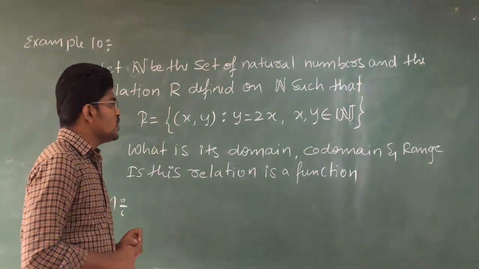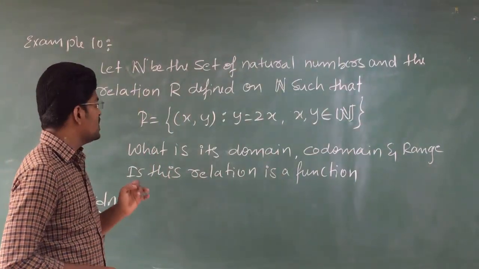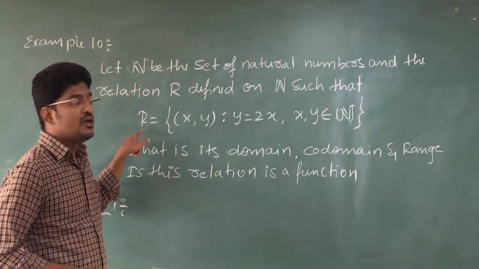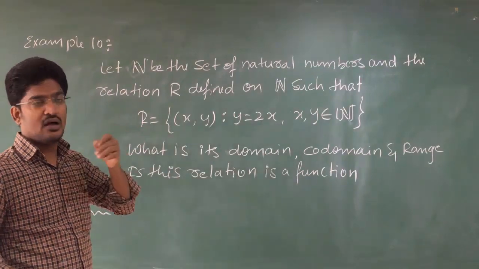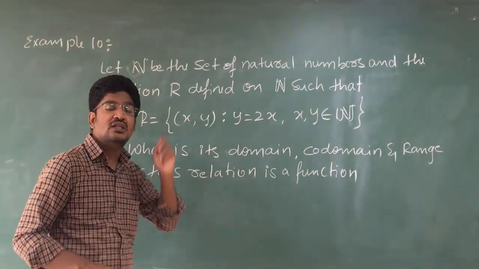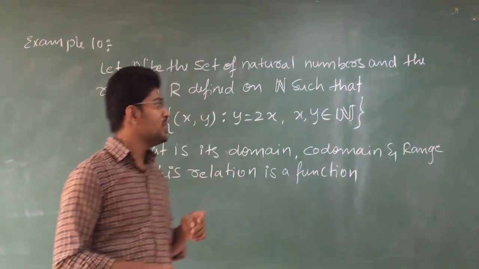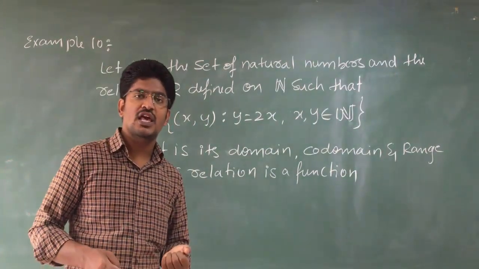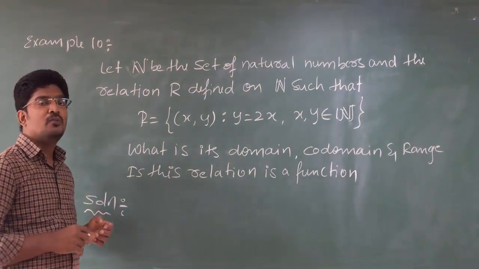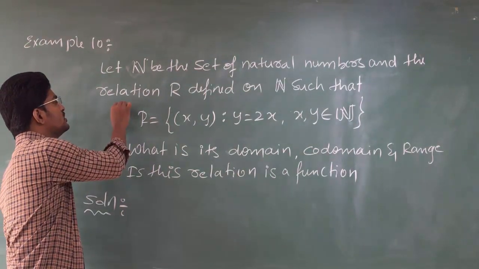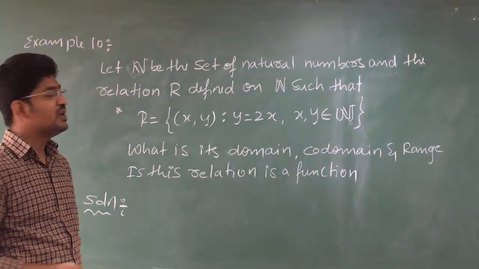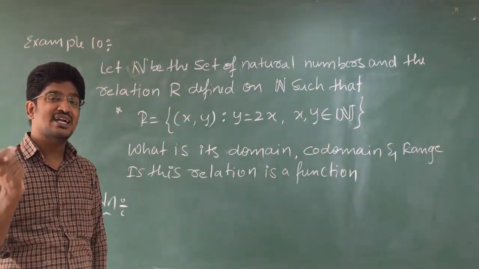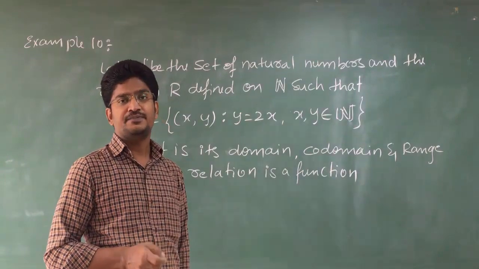Okay. So as you all know, here the very important thing is this set R. If we crack this R, or if we decode this R, or if we understand this R, then everything is over. Clear? So in this particular problem, we have to decode this R, or we must write this R in roster form, or you must understand that R. Okay.